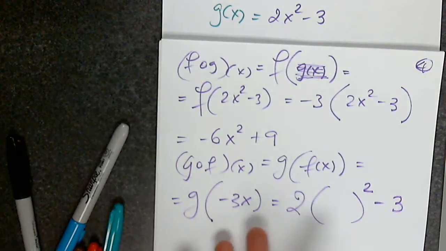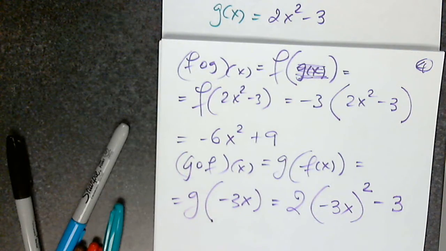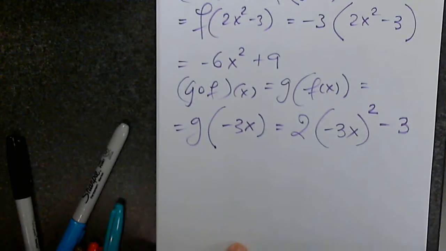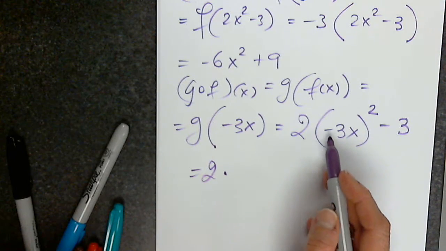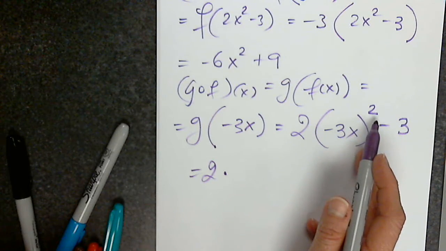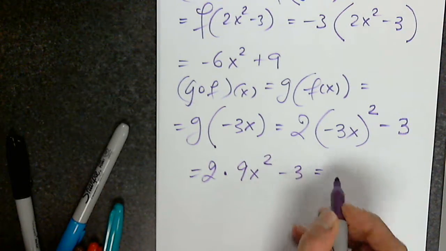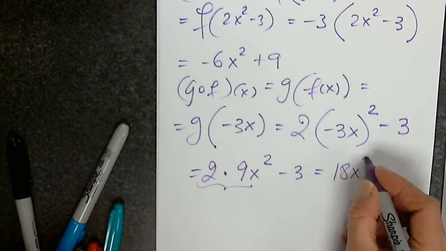And now the variable is negative 3x. So when I square, because by the order of operations I have to square first, I have 2 multiplied by negative 3 squared, and x squared is x squared. I'm not distributing or anything. I have to multiply these two, so I get 18x squared minus 3.